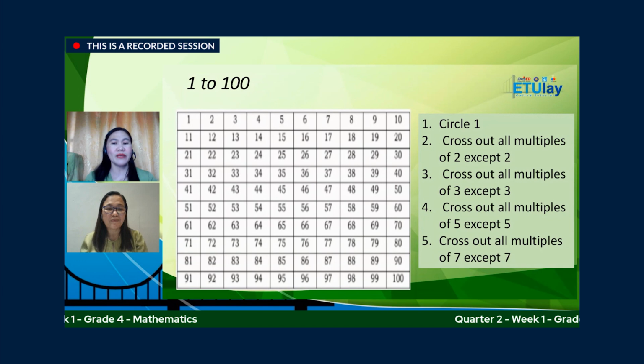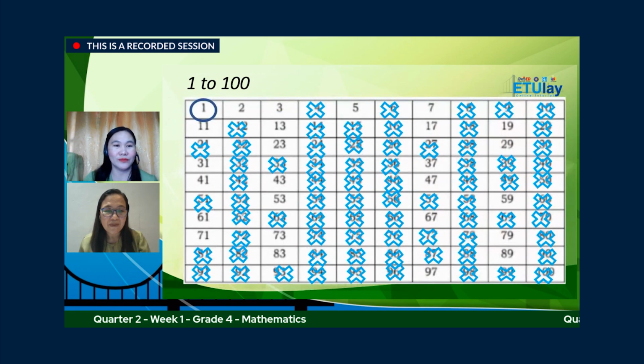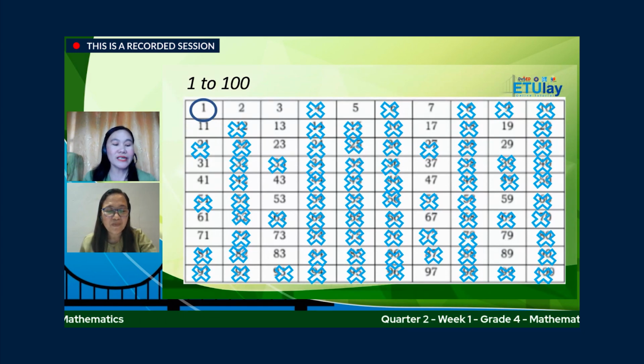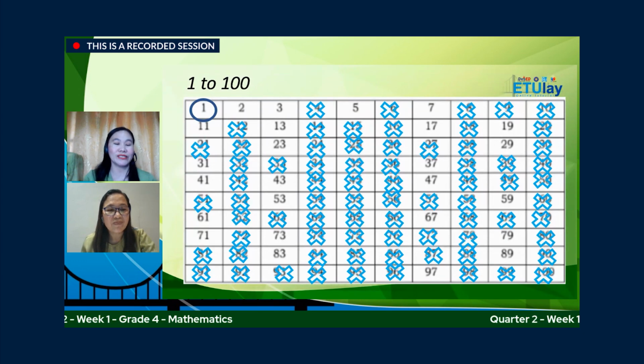So kung ano kayang mangyayari, ano magiging result kung susundin natin lahat yung mga instructions na yan. So take a look at the result. So, ano ang result natin? The circled number, which is 1, is neither prime nor composite because it is considered a special number.